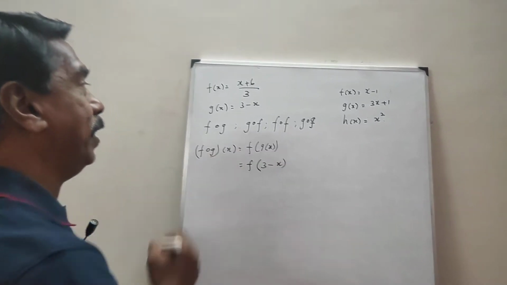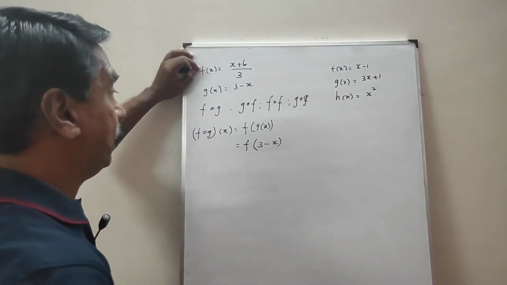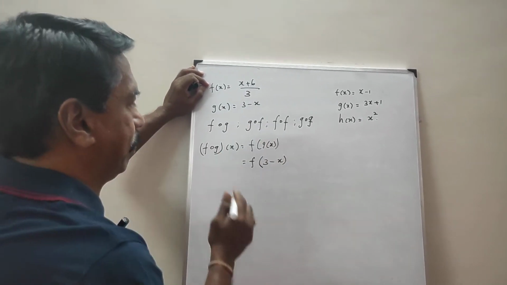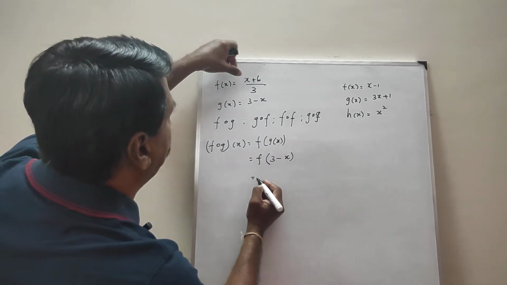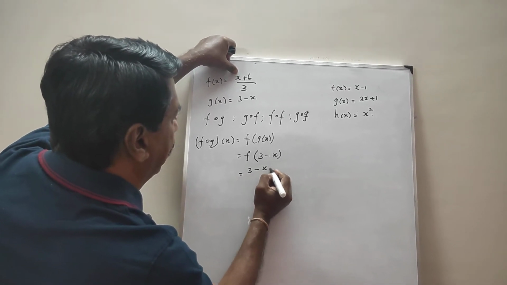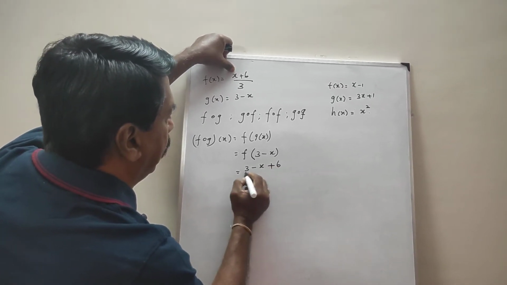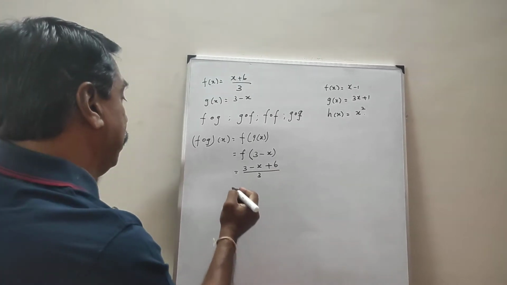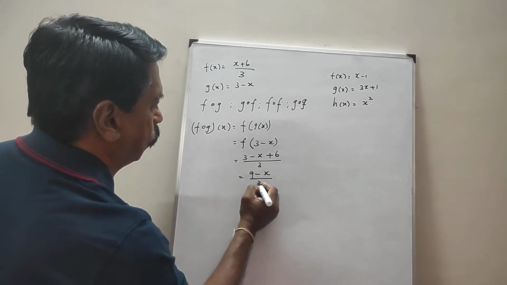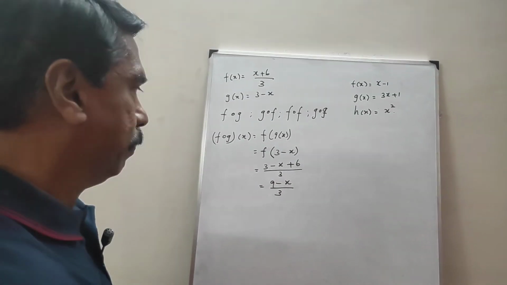Now f of 3 minus x: in this f of x, replace or substitute x by 3 minus x. So what we get, in this place x alone, you put (3 minus x plus 6) divided by 3 and simplify, you get (9 minus x) by 3. This is f dot g.